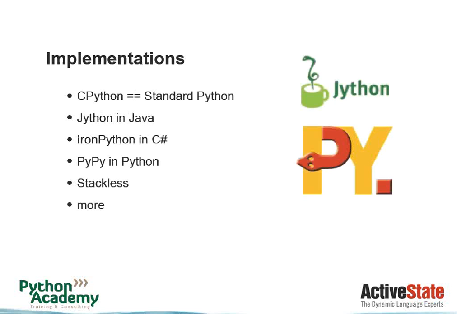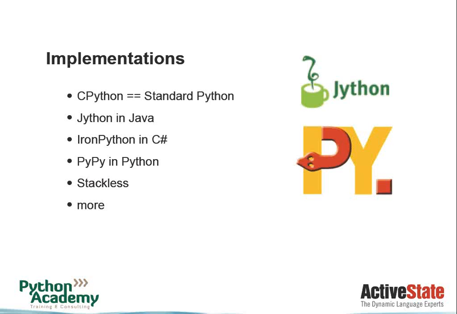Next slide. There are a few implementations. So far, when we talk about Python, we talk about CPython, which is the standard Python written in C. But there are a few other implementations which are compatible, so they have the same syntax, it's the same program, but a different underlying infrastructure. There's Jython, which is implemented in Java. There's IronPython, which is implemented in C# running on the .NET framework.